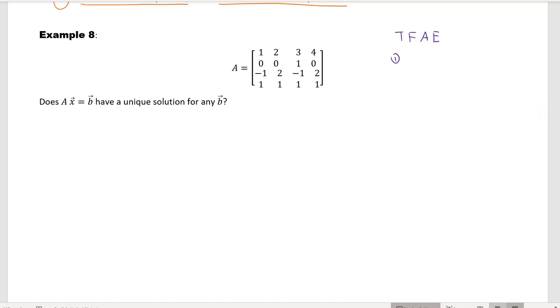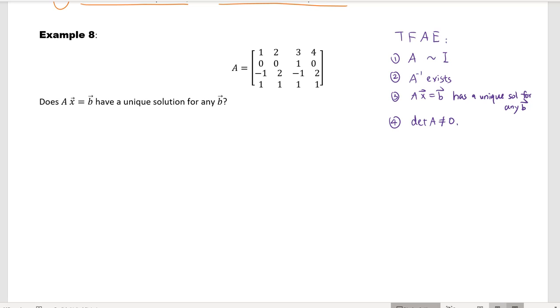First, A is row equivalent to the identity matrix. Second, the inverse exists. Third, the linear system AX equals B has a unique solution for any B. Fourth, the determinant of A is not 0. All of these statements are equivalent.